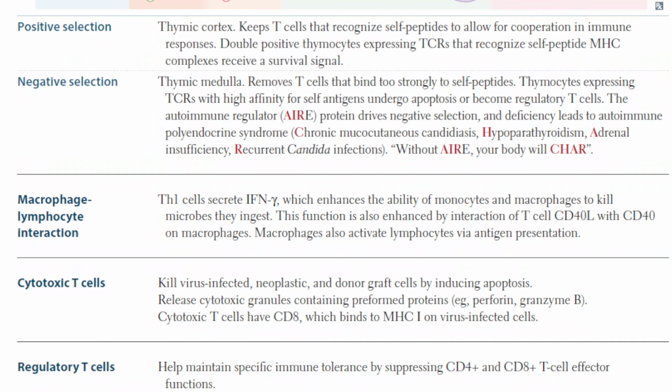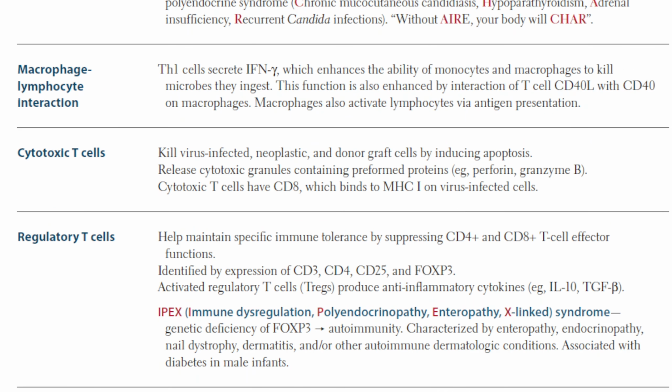Then we're going to jump into the regulatory T cells. Regulatory T cells help to maintain a specific immune tolerance by suppressing CD4 plus, CD8 plus T cell effector functions.